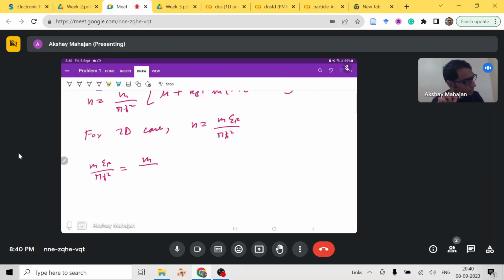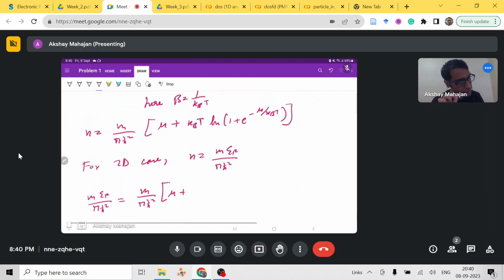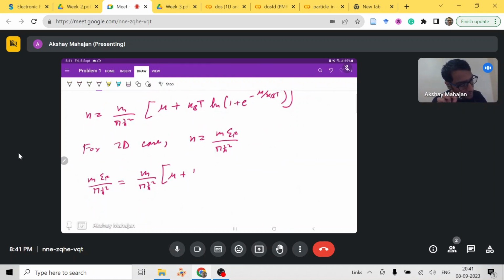We will have m upon pi h-bar squared times mu plus kbT ln of 1 plus e to the power minus mu upon kbT.